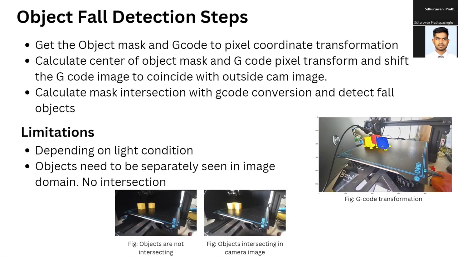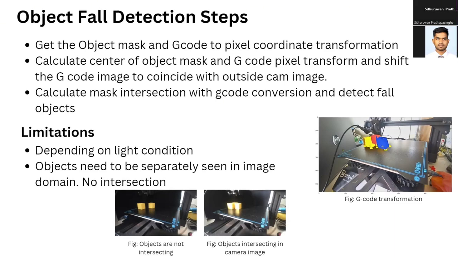By coinciding the two images, the mask and the G-code converted into the image domain, we can get the percentage of coincidence, like 50%, 60%.